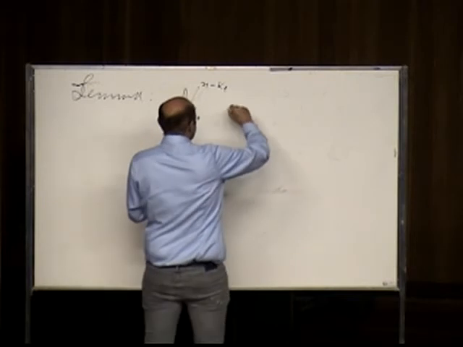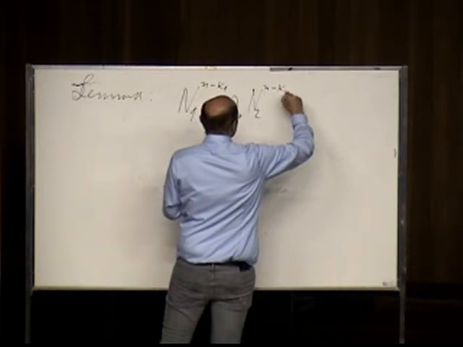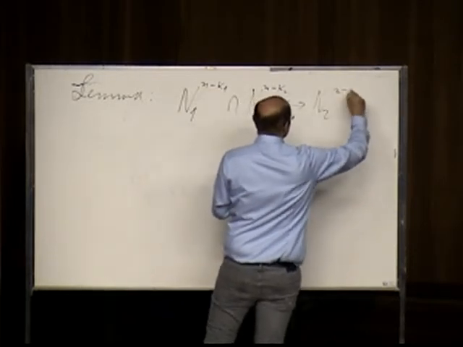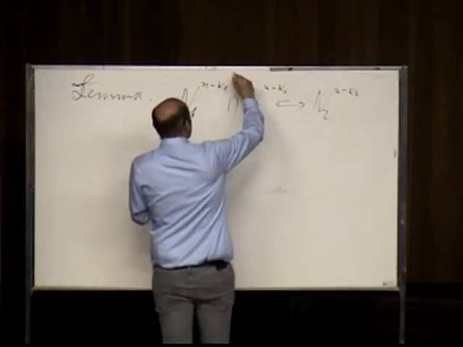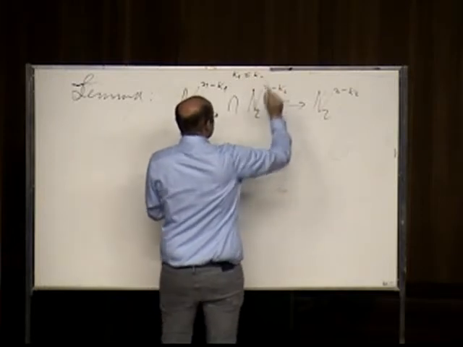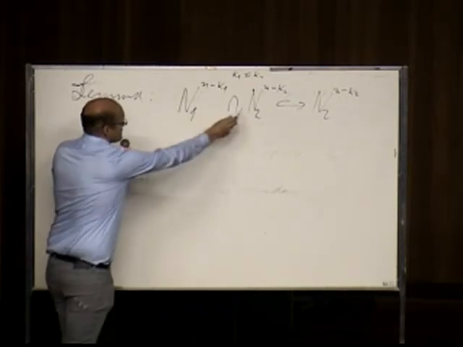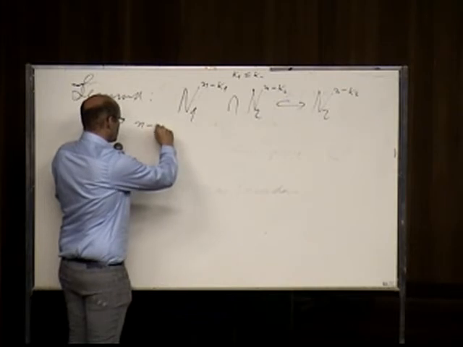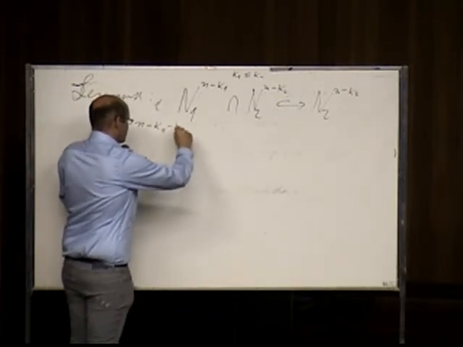So it says that the intersection of N1 into N2, we assume that K1 is smaller or equal than K2. Then there's a lemma that says that in general, even if the intersection is not transversal, the inclusion map is n minus K1 minus K2 connected.